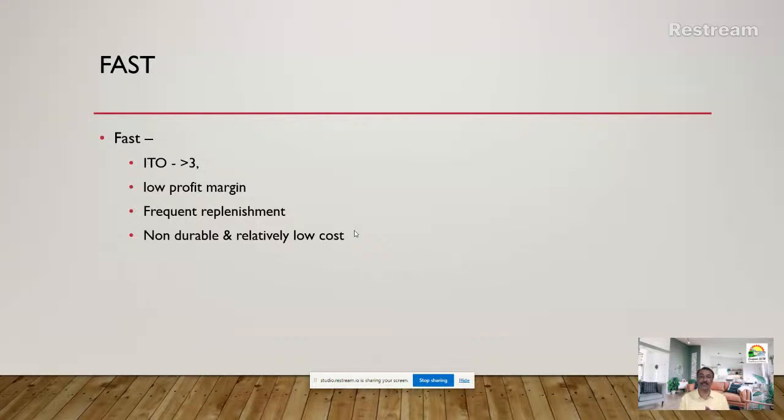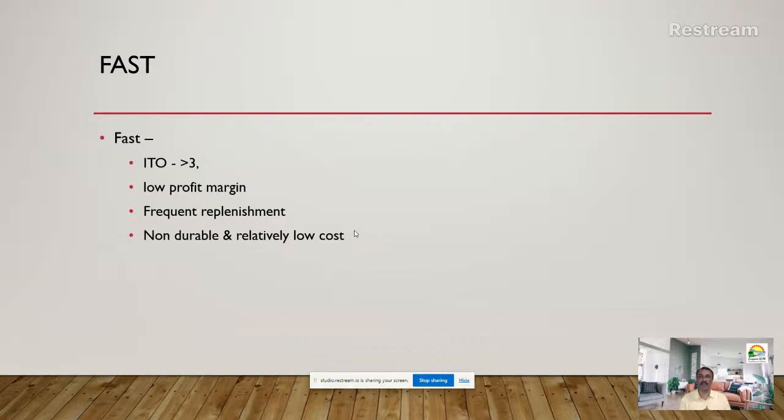As per the general guidelines, if an item is doing more than 3 turns in a year, you can assume it is fast. But now that seems more or less redundant. Now items are moving faster than 10 turns. For me, if you consider more than 10 turns in a year, you can classify it as fast moving. So if you have a method to calculate ITO, you can also classify the item based on that.